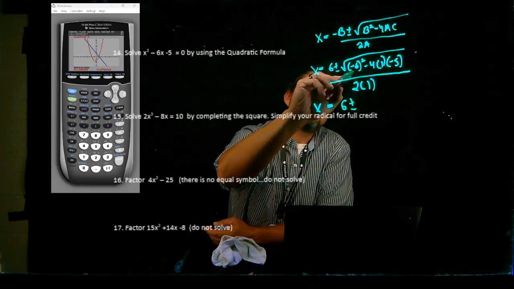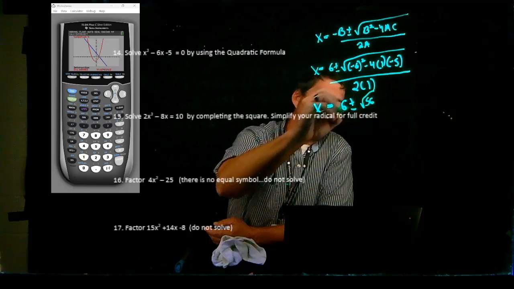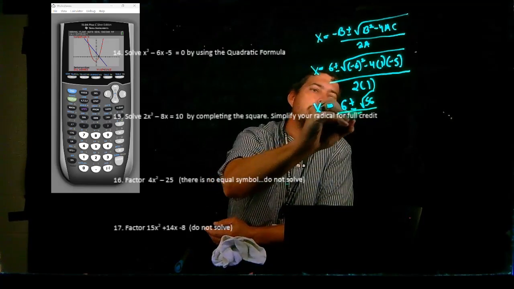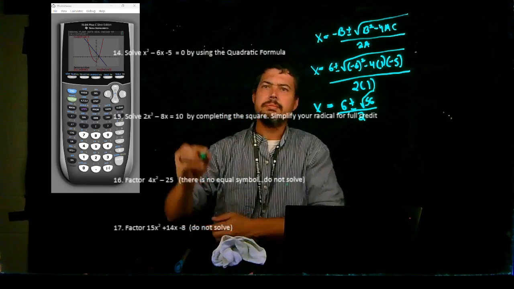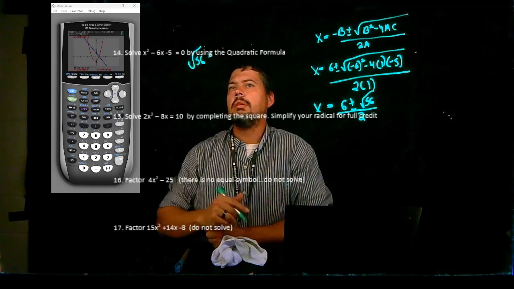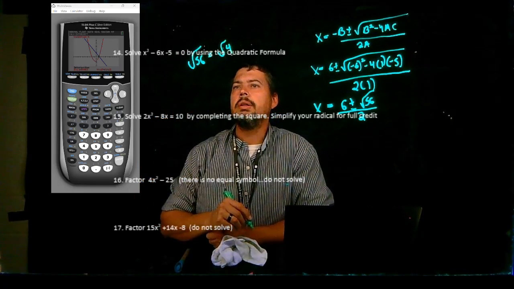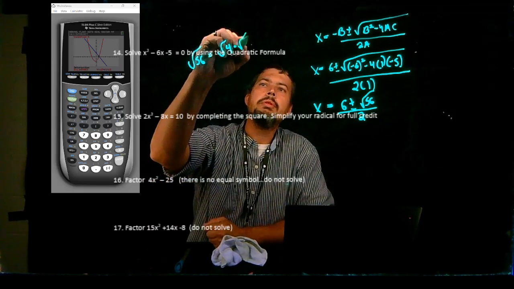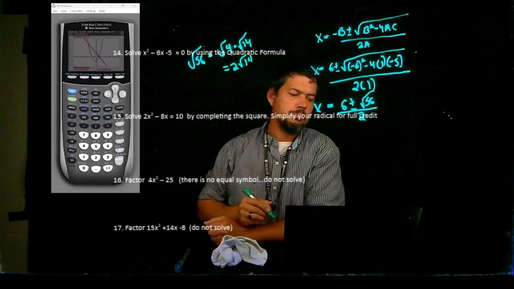You can push buttons on this if you want, but that's 36 plus 20, a root of 56, and everything is over a 2. Root 56 does simplify. Root 56 is going to be a root of 4 times what? 14? Times a root of 14, which is 2 square roots of 14.